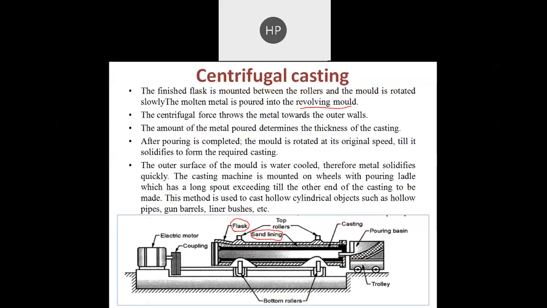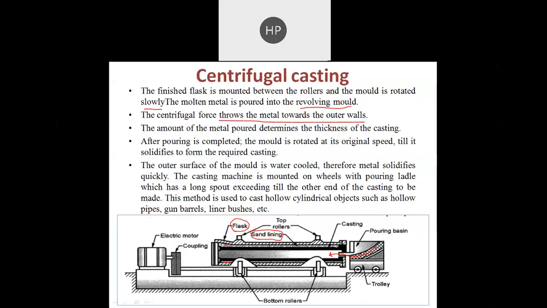On top as well as on the bottom, and then this flask is rotated slowly. While it is initially rotating slowly, the molten metal is poured inside the hollow cavity of the roller, and due to the centrifugal force it throws the molten metal towards the outer wall.